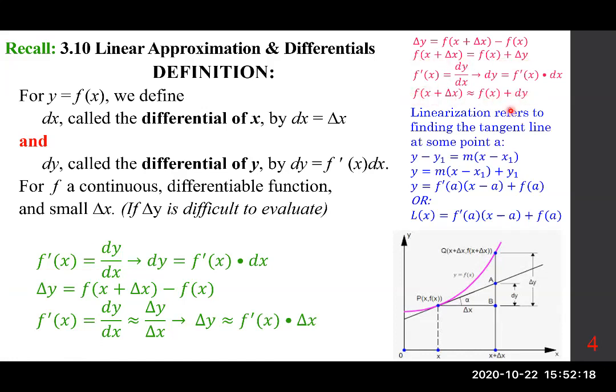And when we say linearization, we simply mean find the equation of a tangent line. As far as the graph is concerned, this is delta x, or run. This is delta y, that means rise along the curve y equals f of x, and dy, which is AB, is the rise along the tangent line.